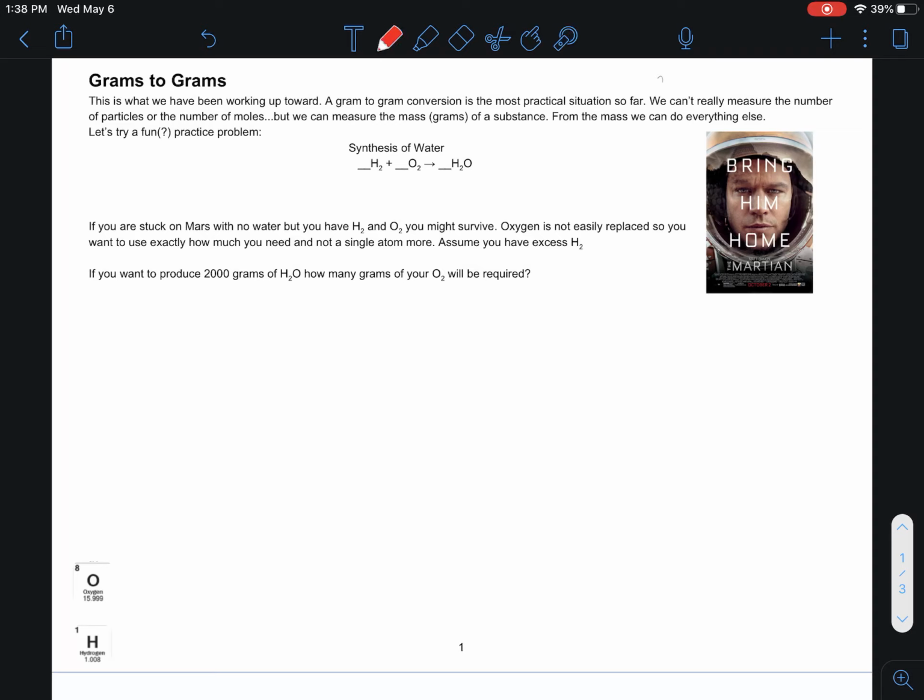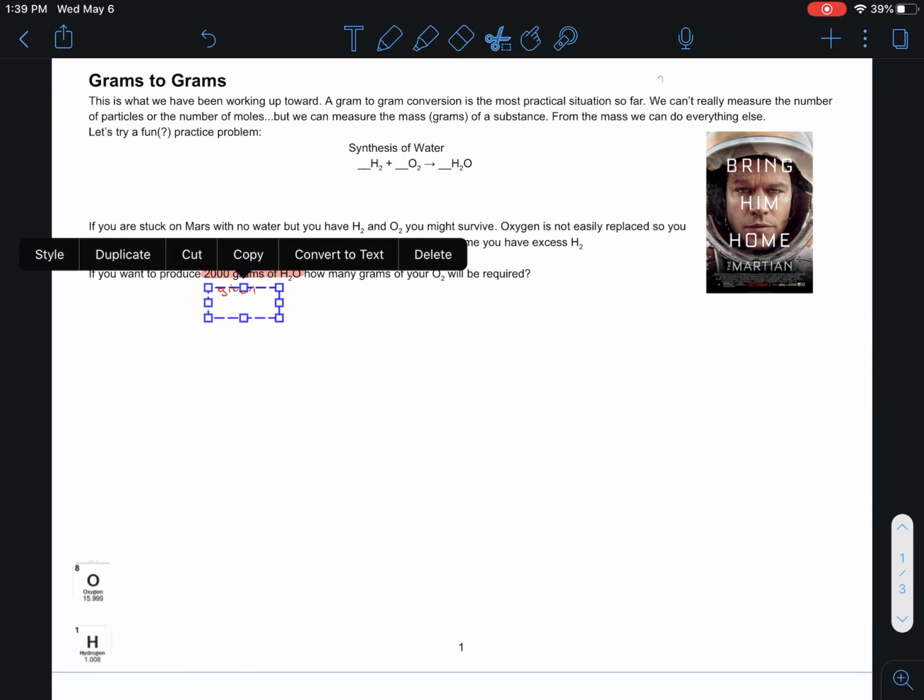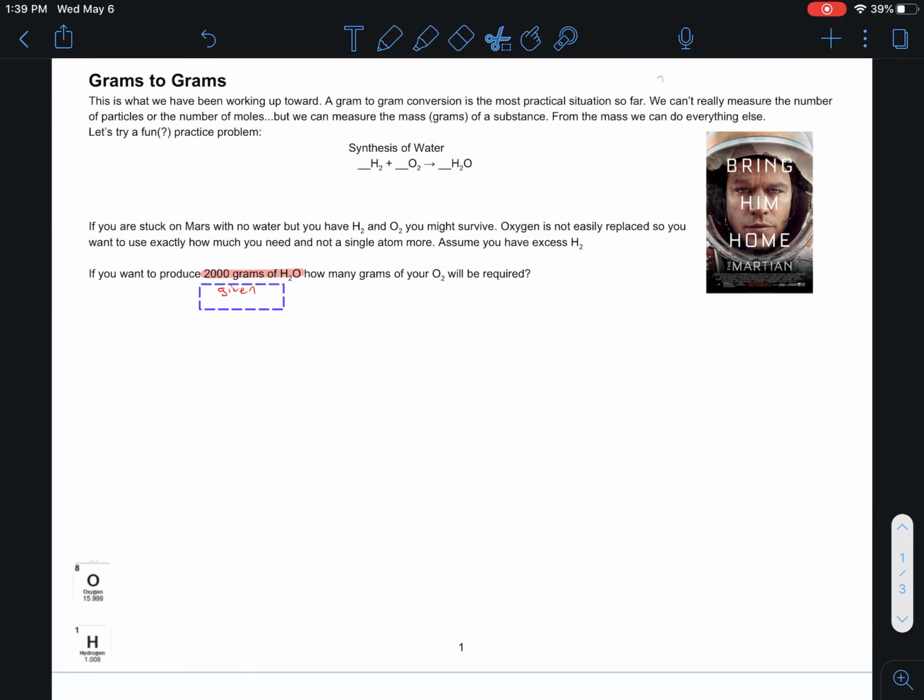To set this up, first, let's figure out our given. I'm going to highlight in red, 2,000 grams of H2O. That's my given. If that's what we're given, then what are we trying to solve for?